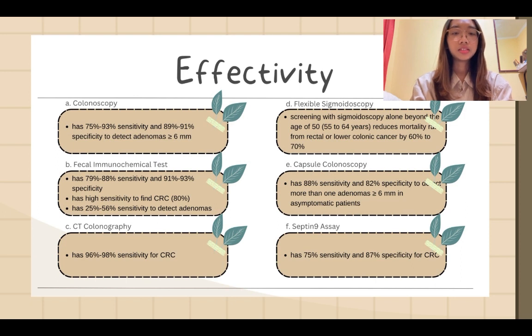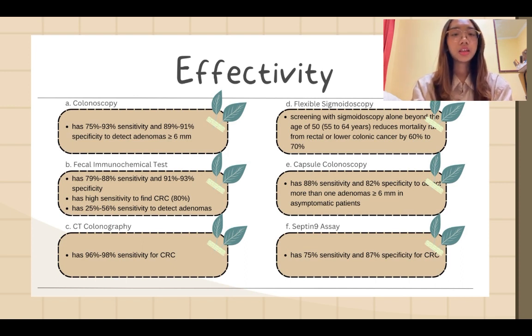The third is CT colonography. It has 96 to 98% sensitivity for CRC. The fourth is flexible sigmoidoscopy. Screening with sigmoidoscopy alone beyond the age of 50, which is 55 to 64 years, reduces the mortality rate of rectal or lower colonic cancer by 60% to 70%.